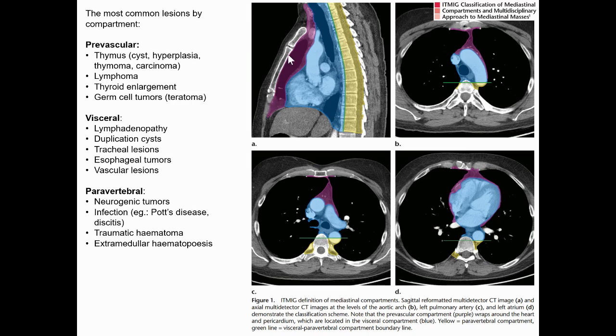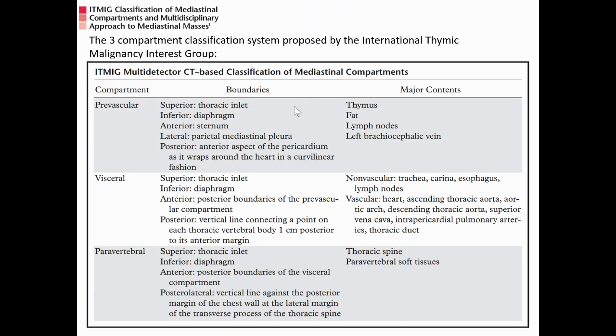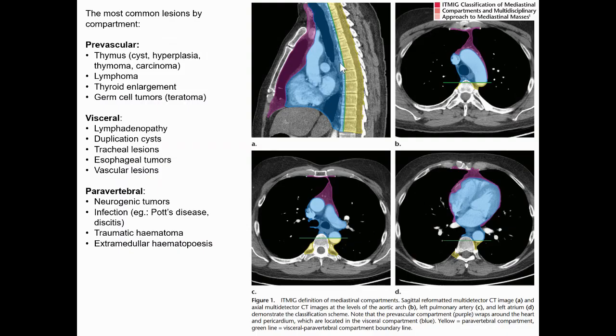It's situated behind the sternum, and it is in front of the pericardium as it wraps around the heart in a curvilinear fashion. It contains the thymus, fat, lymph nodes, and the brachiocephalic vein. And thus, lesions that might happen here are cysts, thymic carcinomas, lymphomas, thyroid enlargement, and teratomas.